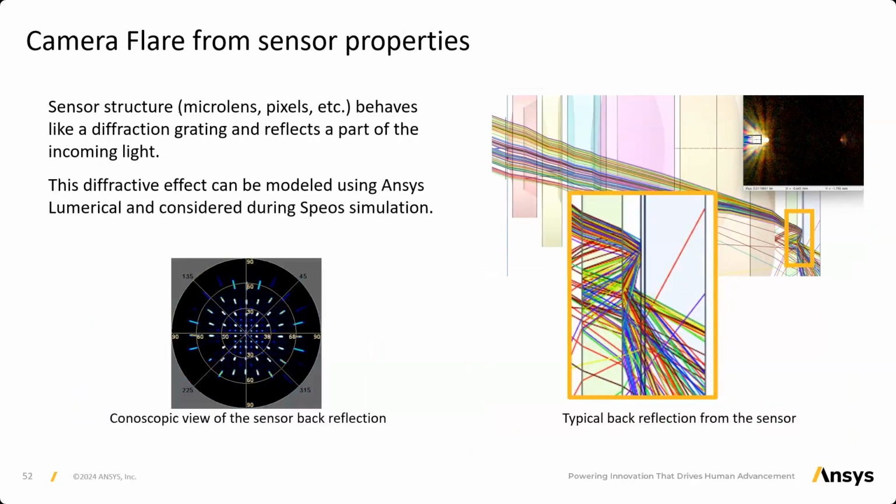And the final contribution is from the sensor itself that can diffract and reflect the light into the lens system. And due to reflection on the lenses, a part of the light can go back to the sensor and add parasitic light on the final image.